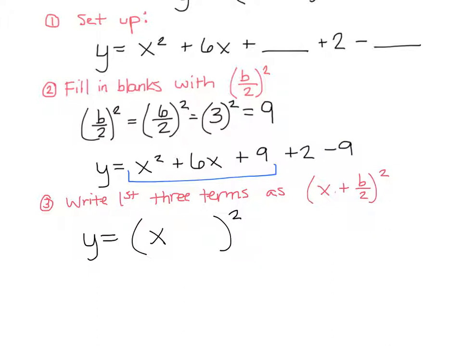What was b divided by 2? The number before we squared it. 3. So plus 3. We put b over 2. So b was 6. 6 over 2 is 3. And then 2 minus 9 is negative 7. And that's your answer. That's vertex form.